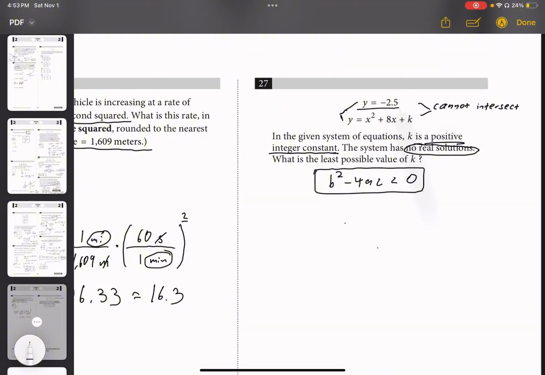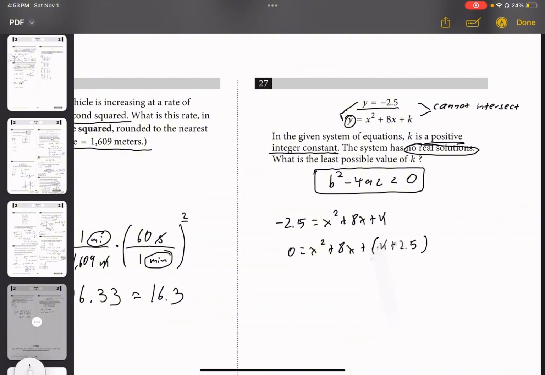So we know that y is negative 2.5. So we could plug that in for this value right here. Because when we set them equal to each other, we know that there's no real solution. And that's why we use this formula. So we have 0 is equal to x squared plus 8x plus k plus 2.5.